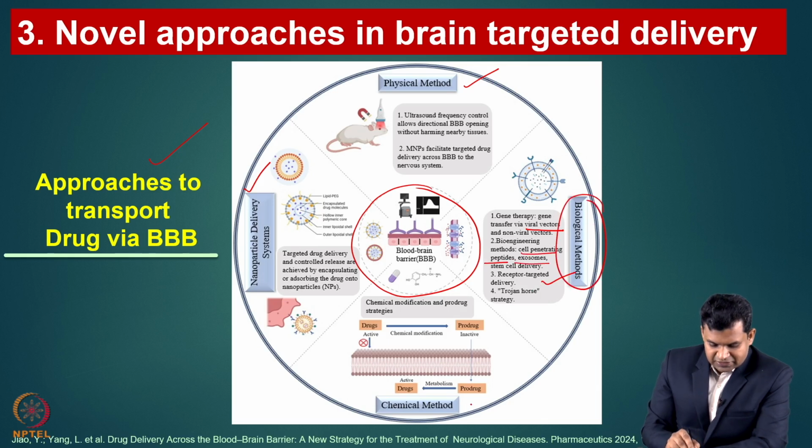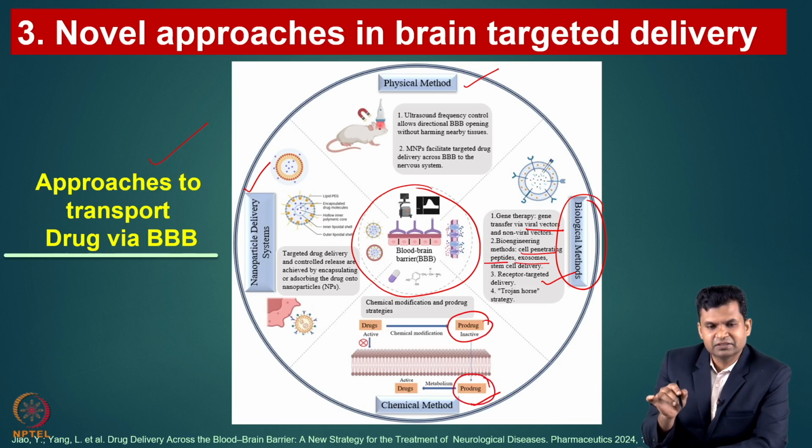And the fourth one is the chemical method, which is modifying the drug molecule. For example, the prodrug. You can convert your drugs into prodrugs which are inactive outside, but once they enter the target site, the active molecule cleaves from the prodrug and shows the therapeutic effect.